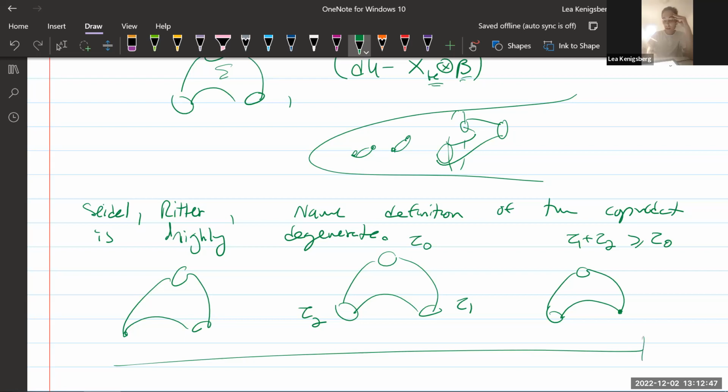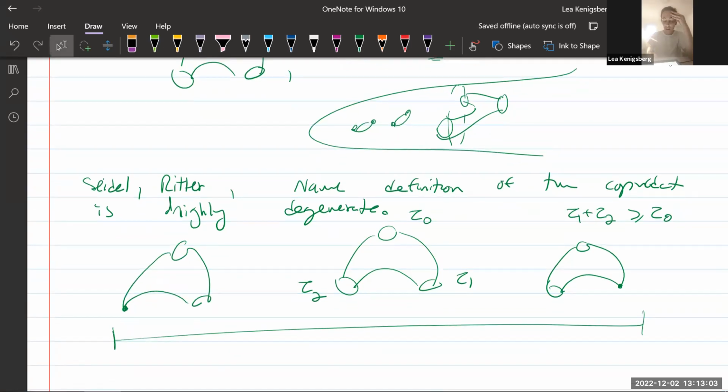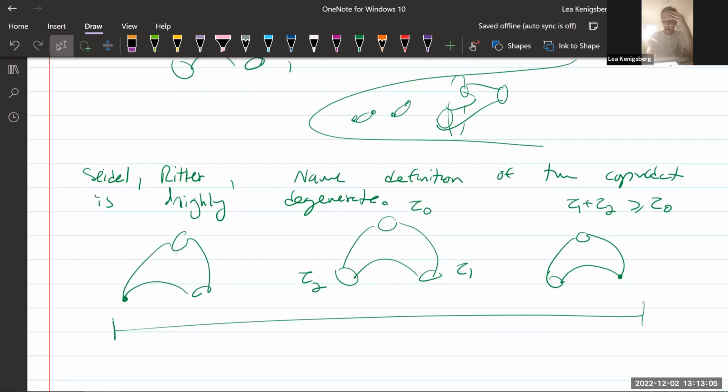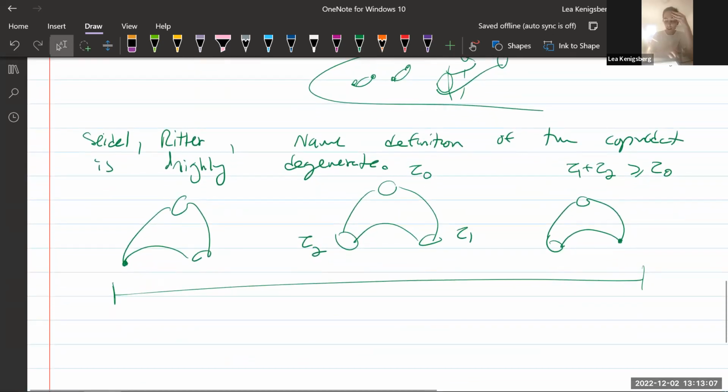If you look at the other end, it tells you that you'll have this degenerate surface, and all of these choices are homotopic. So this tells you that this operation is highly trivial, but it's not completely trivial.